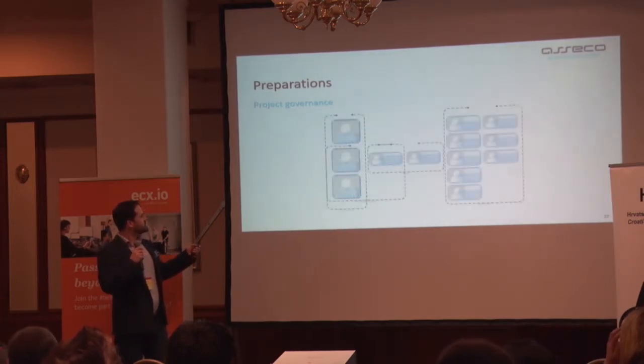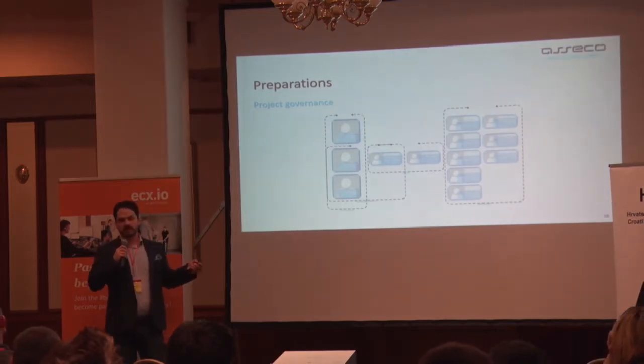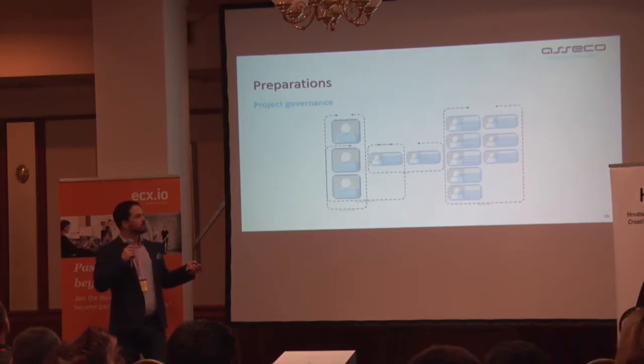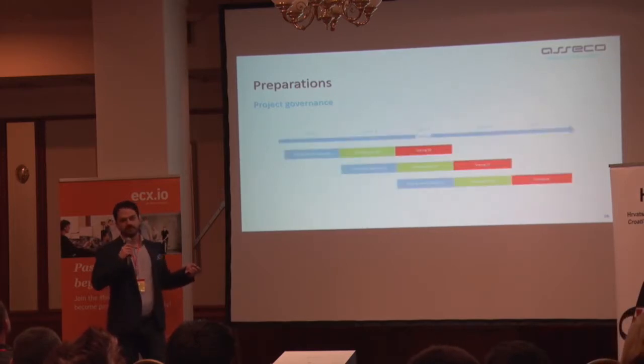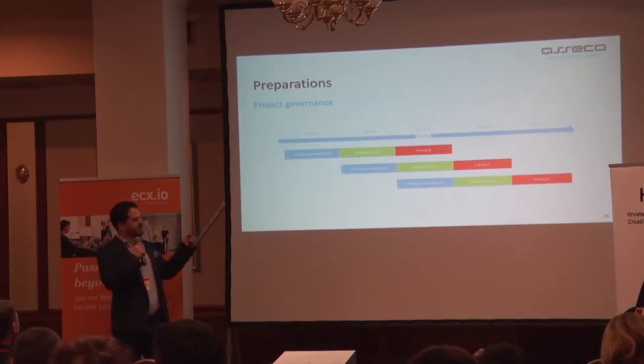So what we did, we wrote down all team members, everything, interactions, who's responsible for what, who they report to, who works with whom. Project flow, what do we expect when you're going to do development, when is testing, who's preparing specification, and you can see we're going in parallel.